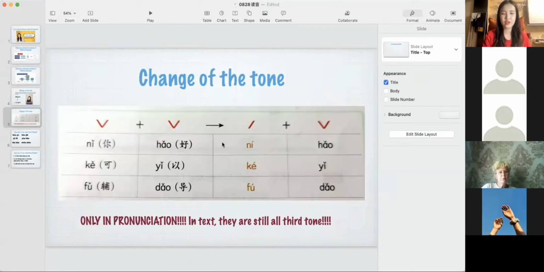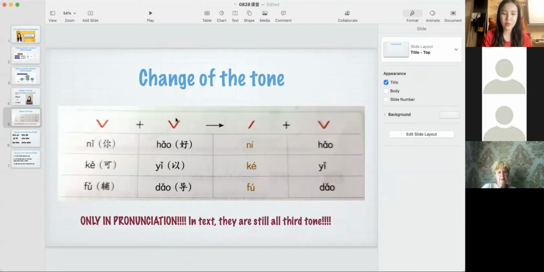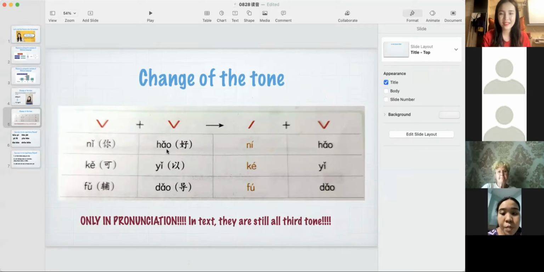And let's see this chart, which makes it easier for you to understand the change of the tone. These are three words, and each character is the third tone. For example, the basic greeting, I believe you all know, 你好. Both of them are third tones. 你好.